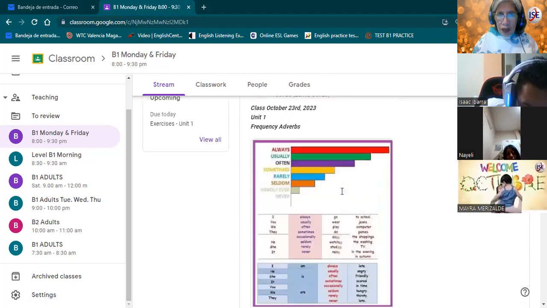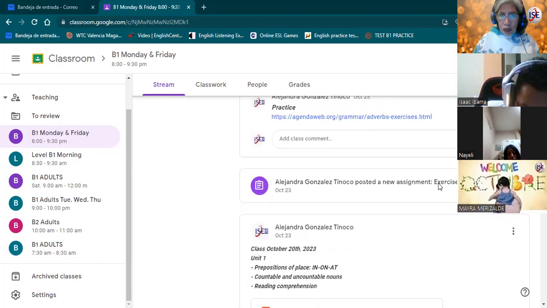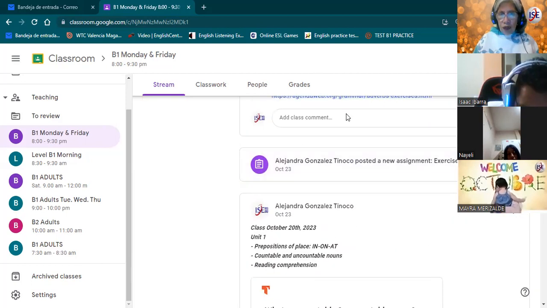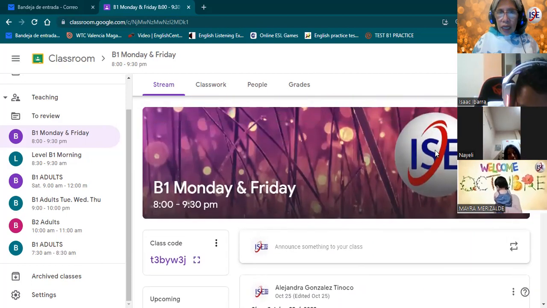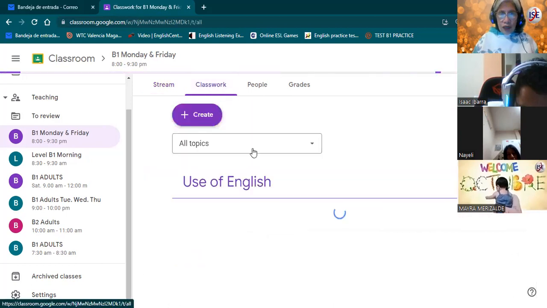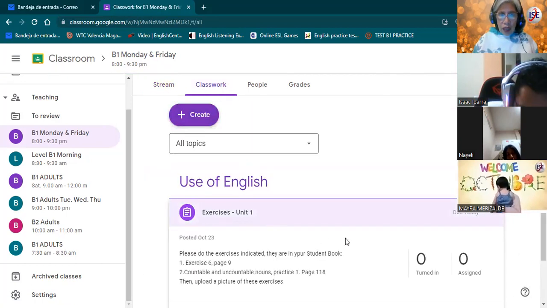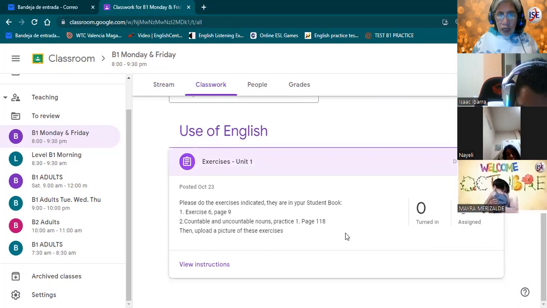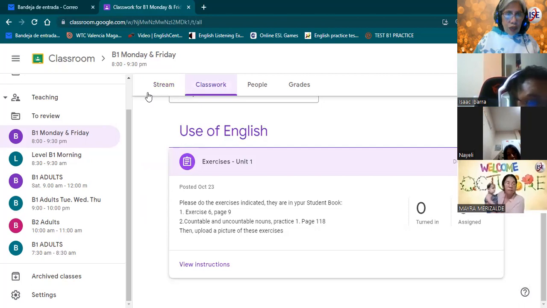Here we have frequency adverbs, unit 1, and then an exercise on it. And you have a classwork: hacer los ejercicios indicados del Student Book. Ejercicio 6 de la página 9. Sustantivos contables y no contables, práctica 1, página 118. Por favor, subir una fotografía de estos ejercicios. Okay, that's the classwork.